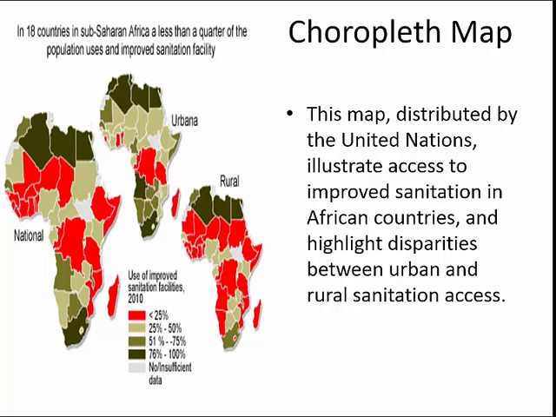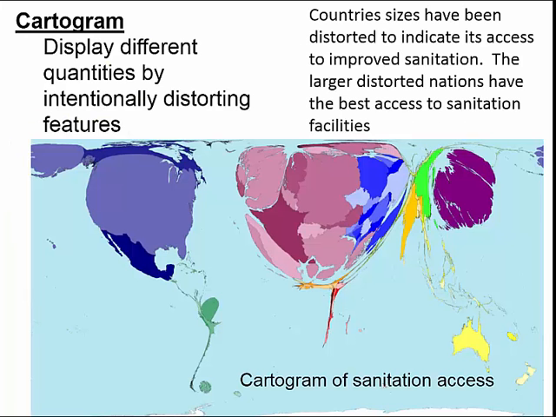You can also use another thematic map to show who has access to sanitation, and this is a cartogram. And cartograms will distort the surface of the Earth to indicate some characteristic. And so the cartographer here has distorted Earth's surface to show who has access to sanitation.